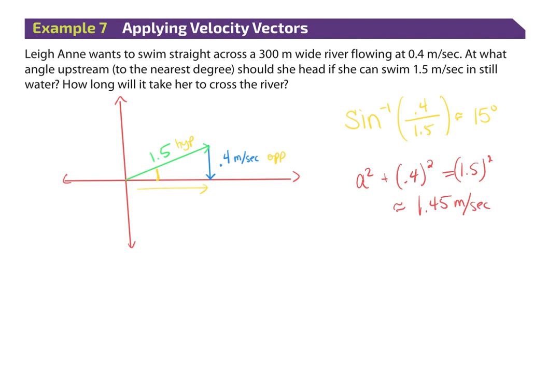They said, how long will it take her? Well, how far is she going across? 300 meters. She's going 300 meters at 1.45 meters per second. How do we find out? Just divide, and it should take her approximately 207.5 seconds. I would probably convert that to minutes, because that seems like a weird way to give it and seems really quick.